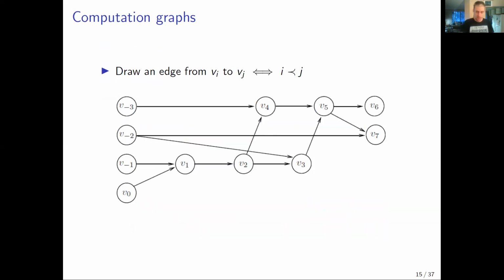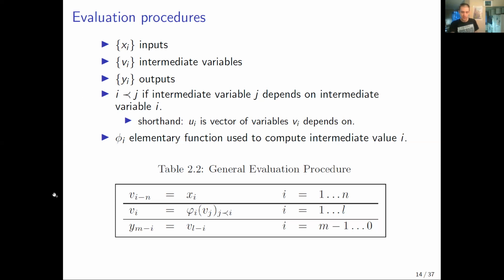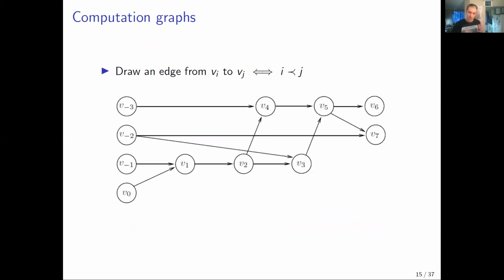Okay. So note here we use this squiggly less than notation, i ≺ j, to denote a dependence between intermediate variable j and i. That is, you need to know i to compute j. There's another way to express this relation, and that is a computation graph.